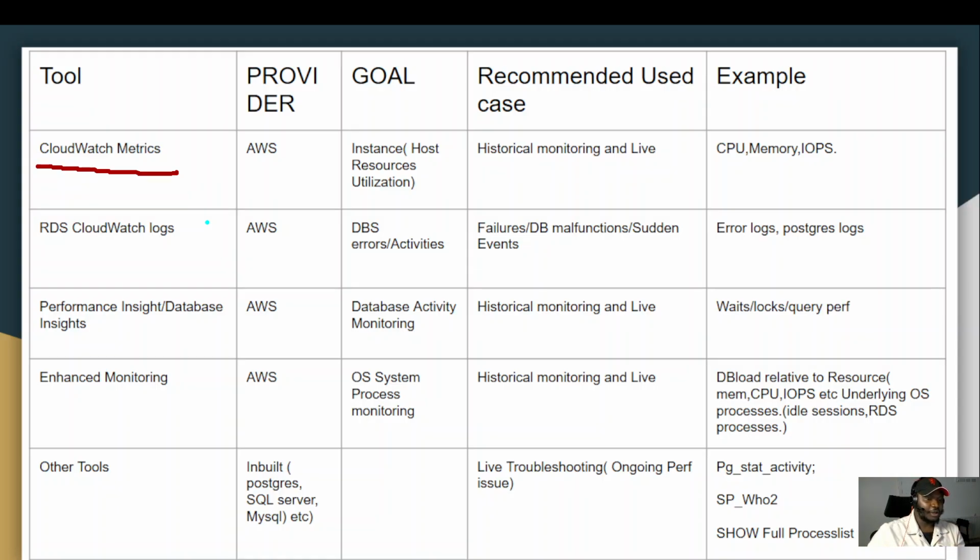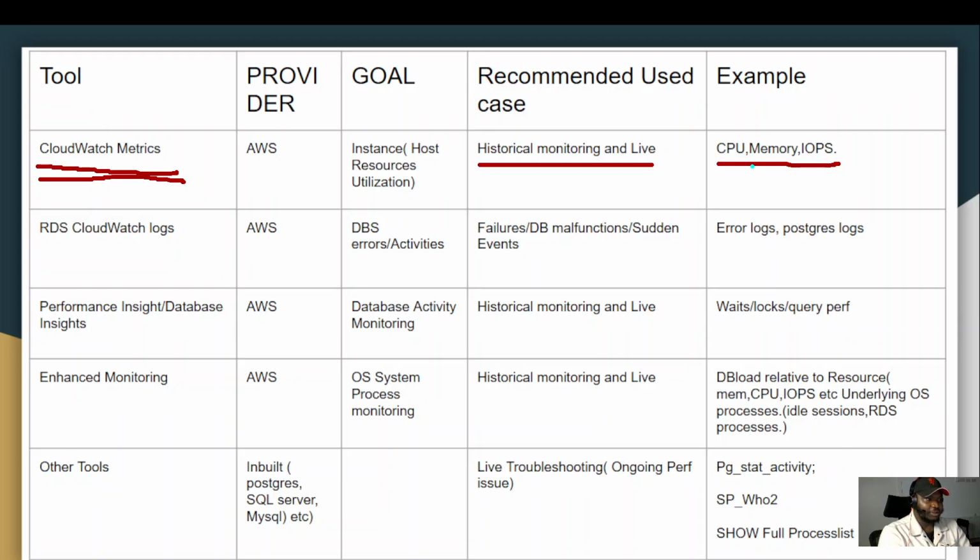That underlying host is an EC2 instance. So CloudWatch metrics give you metrics that you can use to monitor historical or live metrics about the underlying infrastructural resources of your EC2 instance, like CPU, memory, IOs.